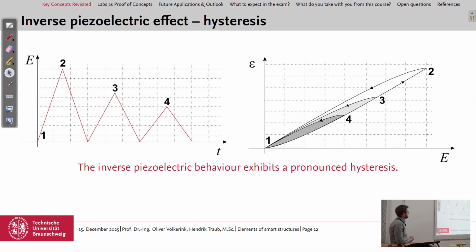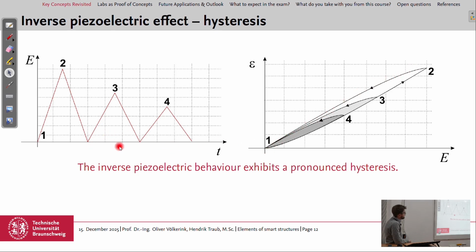Having a look again at the inverse piezoelectric effect, and there especially on the hysteresis, so we apply a field if we want to use the material as an actuator. Then we can see here if we apply first a high electric field, then we are going up from the origin here, and then we remove the field again, coming back to point 1.